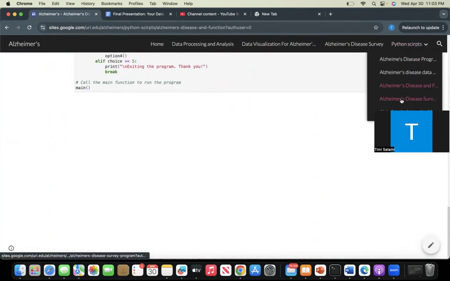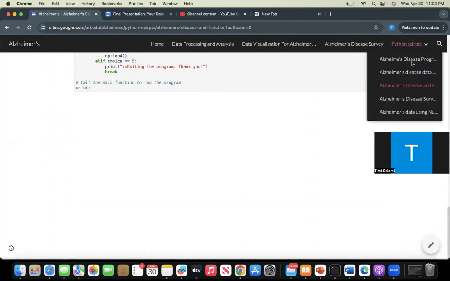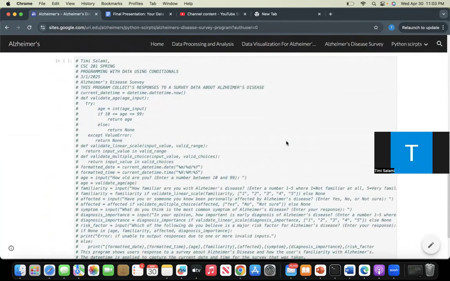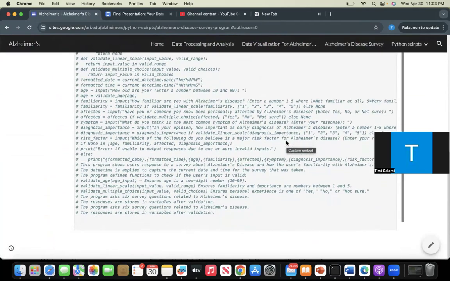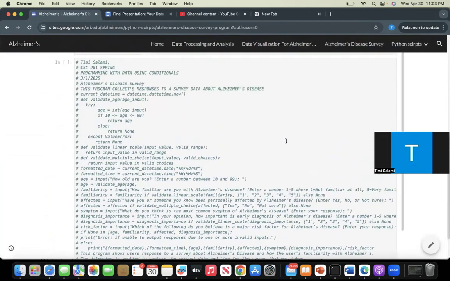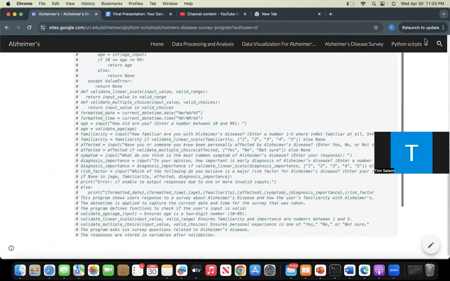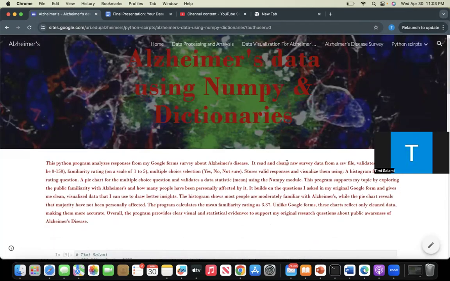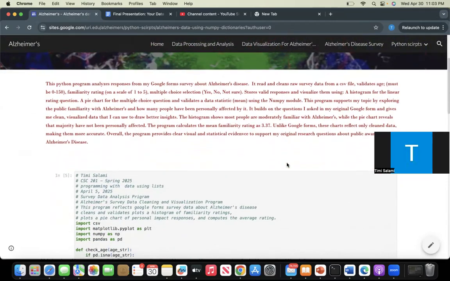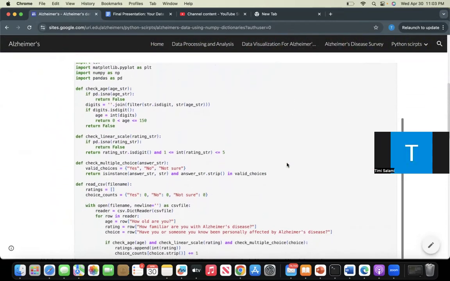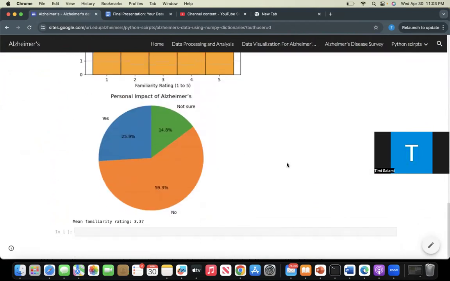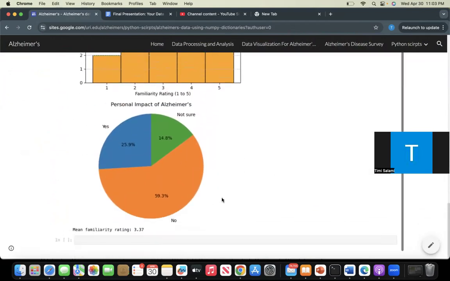The second to last one, I believe, are the lists and dictionaries used for questions and labels. And then the last one included matplotlib, which was used for visuals and analysis, and here are the results for that.